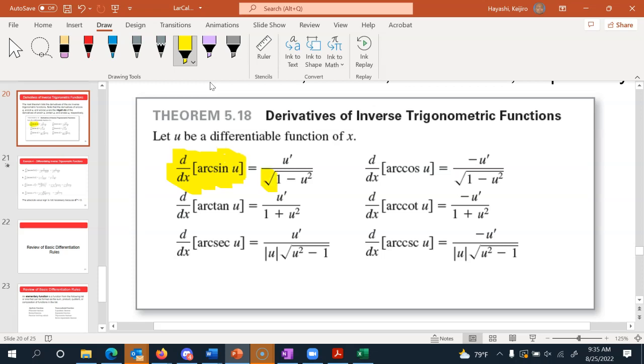Derivative of arcsine is u prime over the square root of 1 minus u squared.